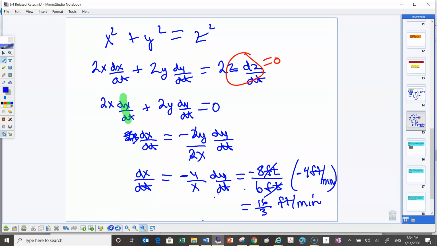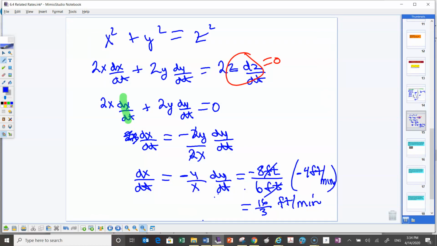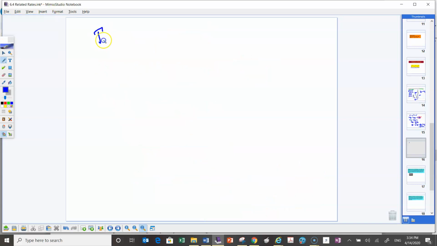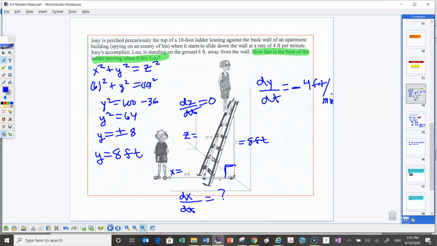And it would be positive because it's sliding away from the right angle. So we would write our final statement, and we would say the ladder is moving 16 over 3 feet per minute when it hits Lou. And that's how you set up these Pythagorean problems.